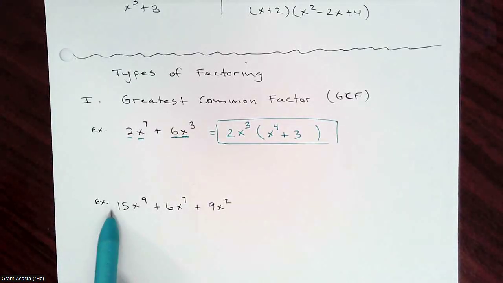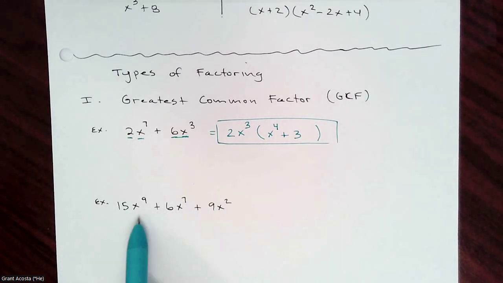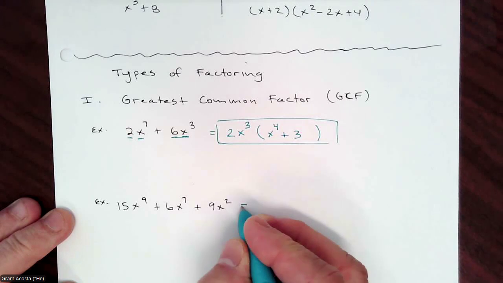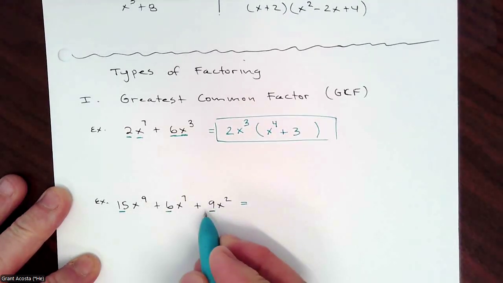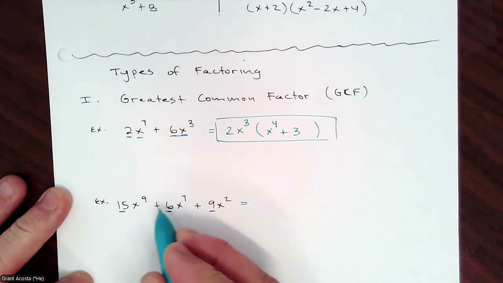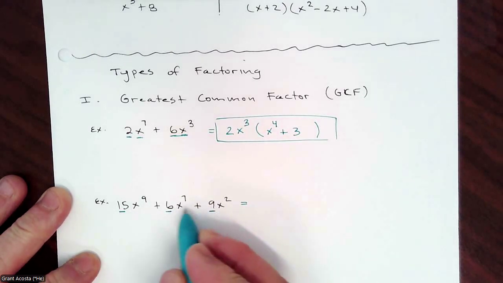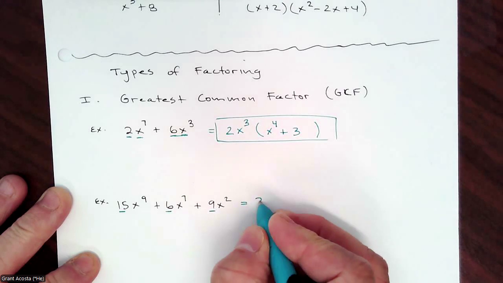You might pause the video now and try pulling out the greatest common factor from these three terms. All right, so now we'll look at this. I always start with the numbers 15, 6, and 9. If I think about what multiplying factor is in all three of those numbers, definitely 3, right?